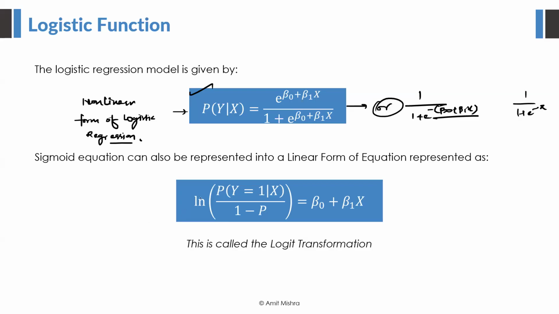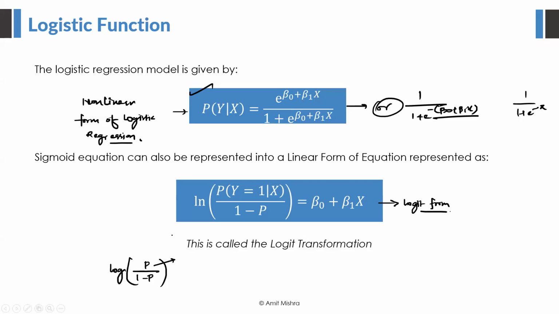Now further, this is another form, known as the logit form. This is represented as the log of odds, that is, log of p upon 1 minus p. That's what is written here.